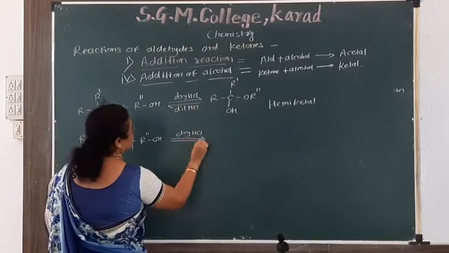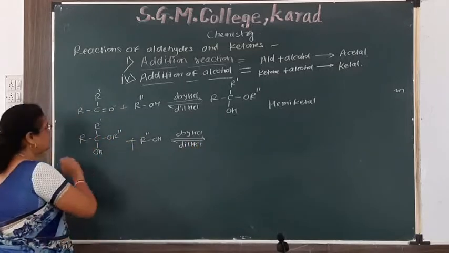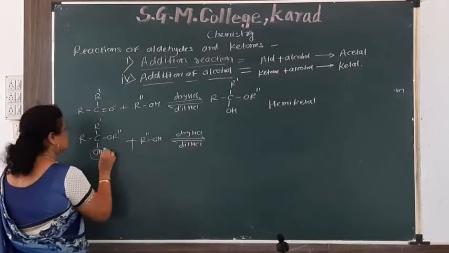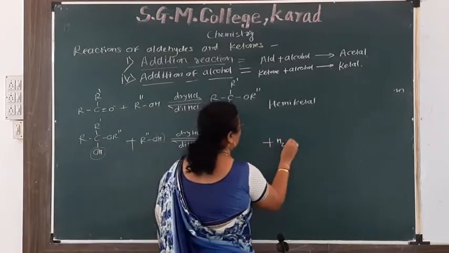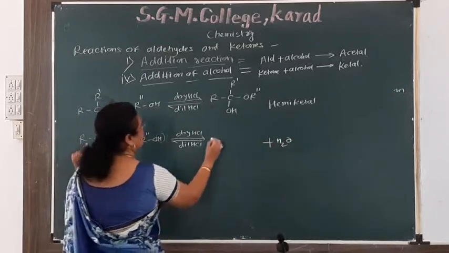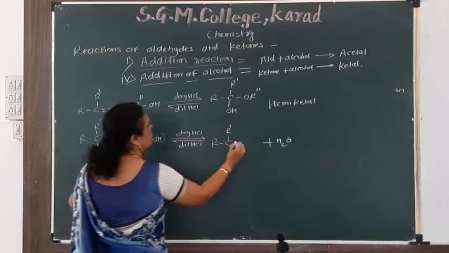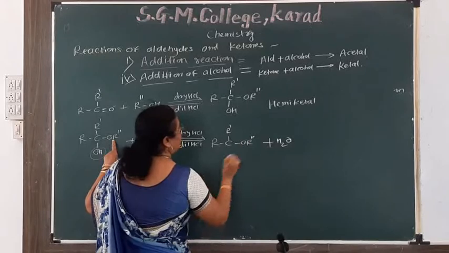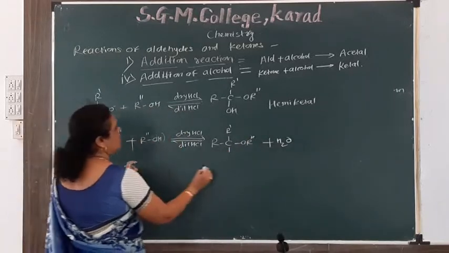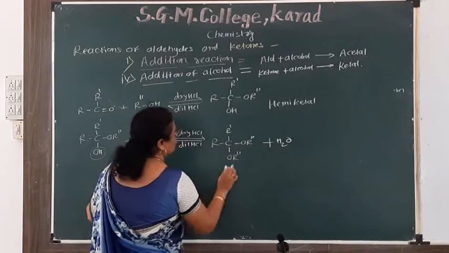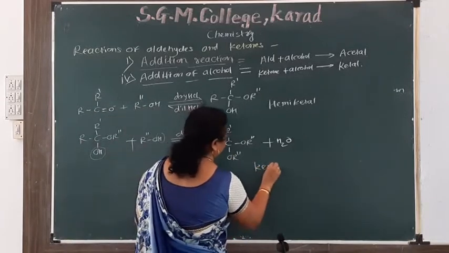Then we get this OH and this H giving H2O, and here RCR' with OR'' and this OR''. This is known as ketal.